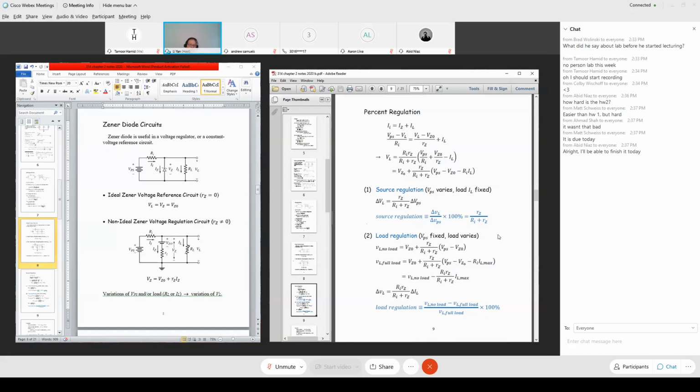Well, the other extreme is the maximum load current, so IL takes the value of IL maximum. Rewriting here, if you compare these two expressions, you can see the second expression has this portion exactly equal to the first one, which is VL under no load.